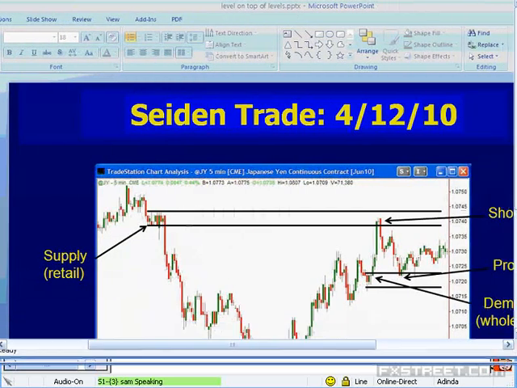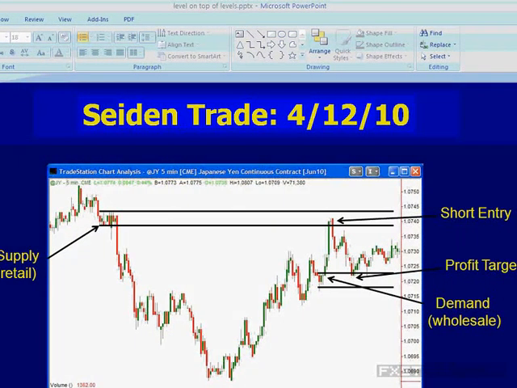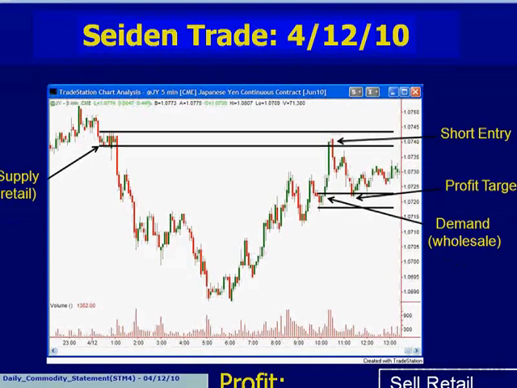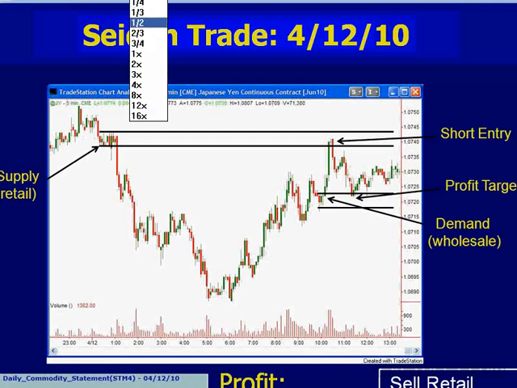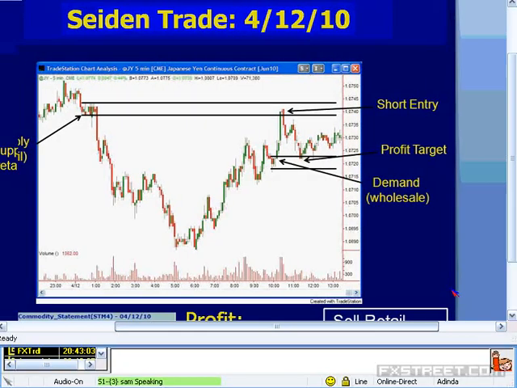So not only are we talking about the difference between spot Forex and Forex futures, but let's get into how we trade in the whole supply-demand concept. What I did also was cut and paste my daily statement onto the chart here.